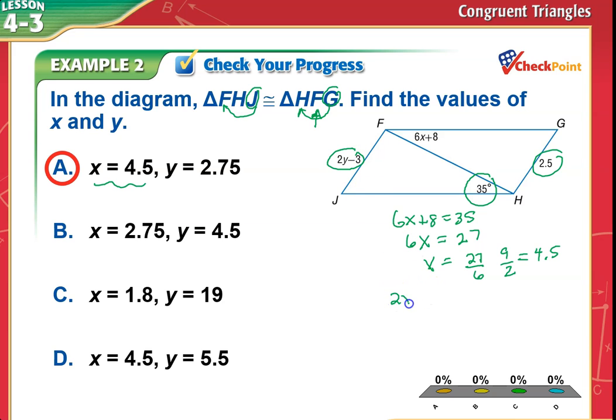So there we go, 2y minus 3 is equal to 2.5. 2y equals 5.5, and then divide by 2, and you get 2.75. And so A is the right answer.